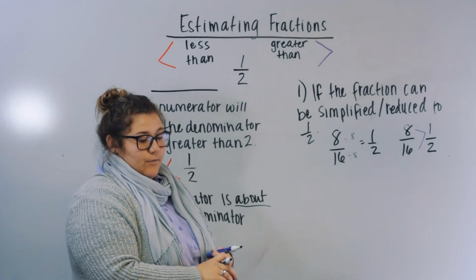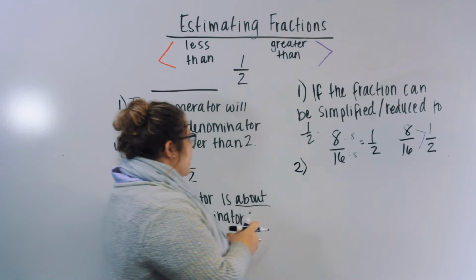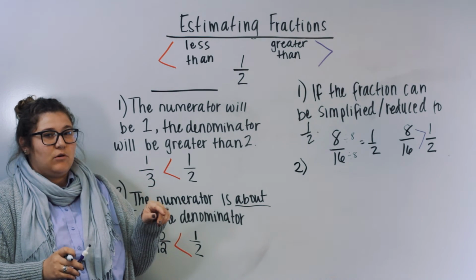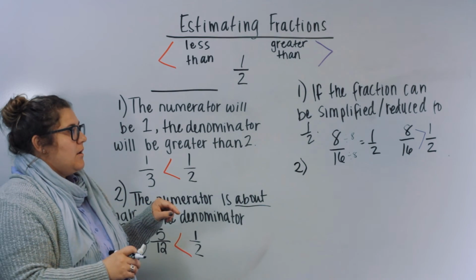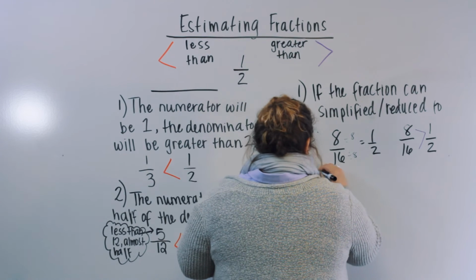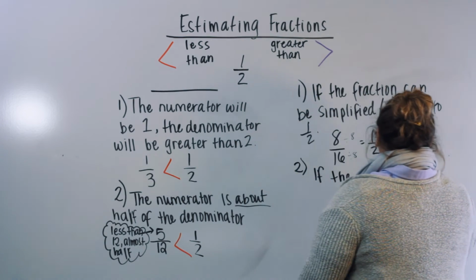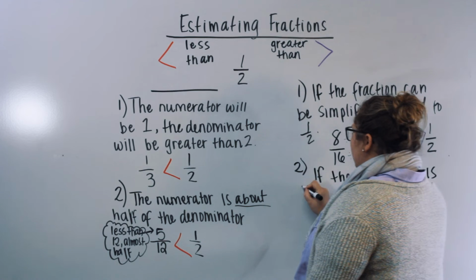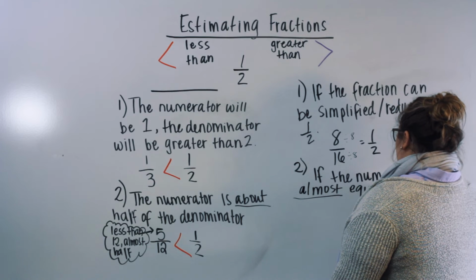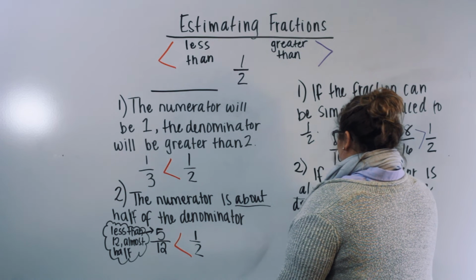Now, the second way we can tell is if the numerator, like up right here, is almost equal to the denominator. Okay? Miss Handley, I still don't understand. It's okay. I'll show you. If the numerator is almost, that's our key word, almost equal to the denominator.